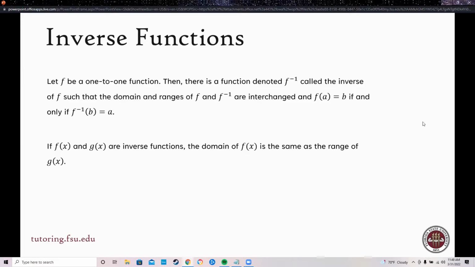Understanding one-to-one functions helps us set up the definition or characterization of an inverse function. An inverse function can only exist when you are operating within a one-to-one function.